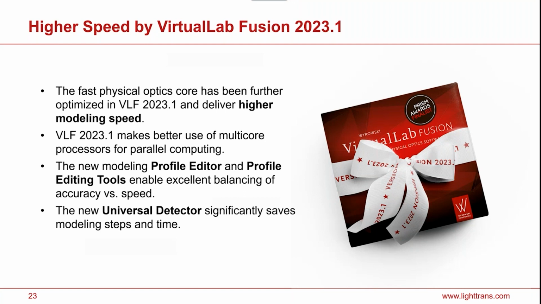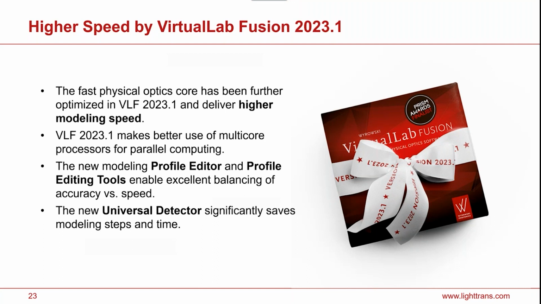With the profile editor and profile editing tools, the new control center tools, which you will learn more about today, you will get a quite nice way to balance accuracy and speed. That means how many physical effects should be included versus speed.